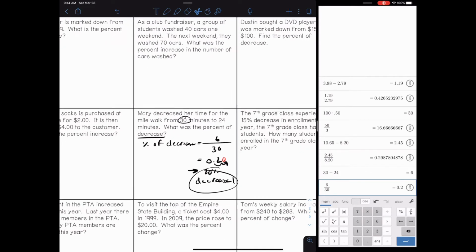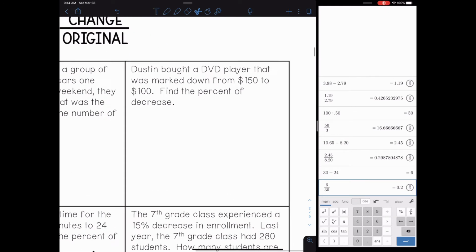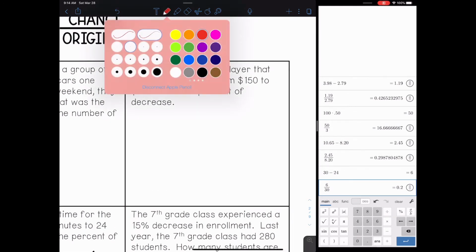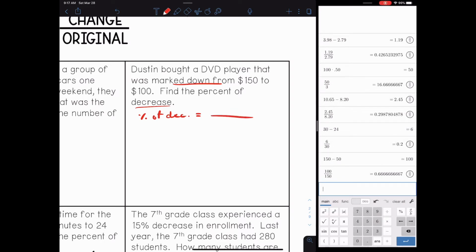Auntie Angel wants this corner one right here. So Dustin bought a DVD player that was marked down from $150 to $100, so it was marked down. Find the percent of decrease. So again, percent of decrease equals change divided by the original.